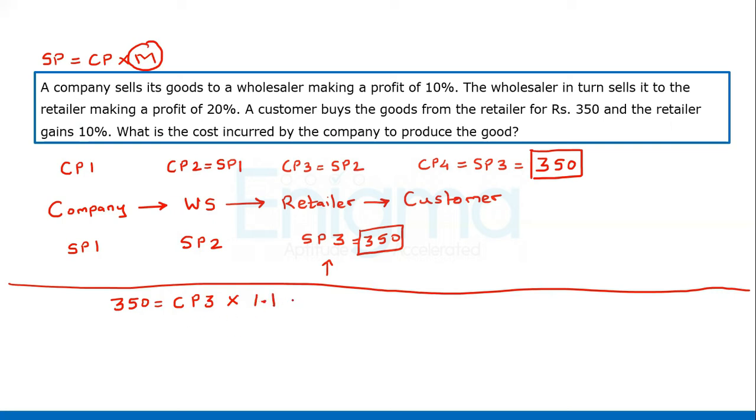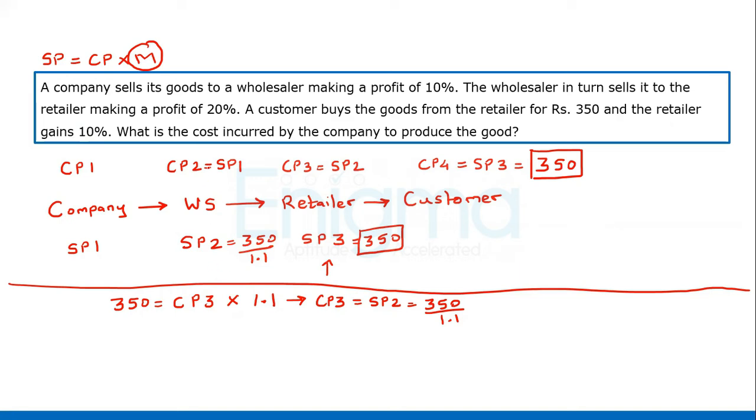So from this we can say cost price 3, which is equal to selling price 2, is 350 upon 1.1. Let's keep it as a fraction itself. So selling price 2 becomes 350 divided by 1.1.